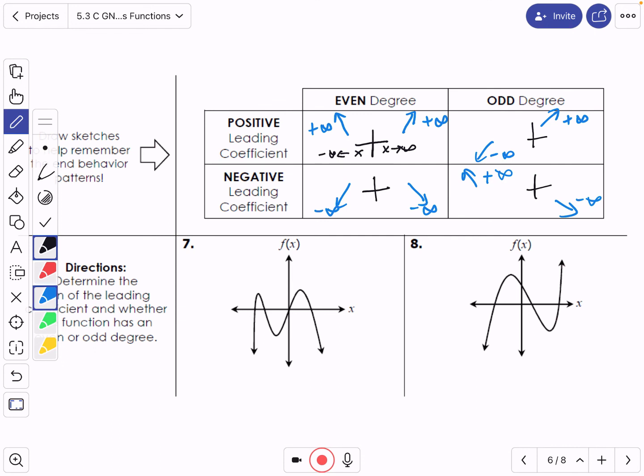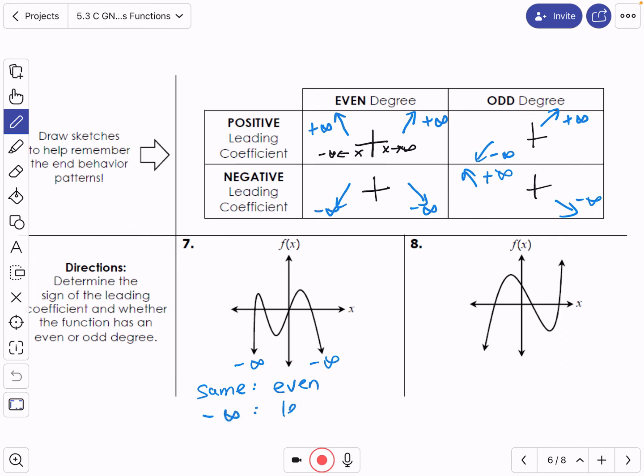All right, so we've got here a couple practice things. Determine the sign of the leading coefficient and whether it is even or odd. All right, so these go in the same direction. That's headed to minus infinity, minus infinity. Since they're the same, it's even. And since it's headed to negative infinity, the leading coefficient is negative.